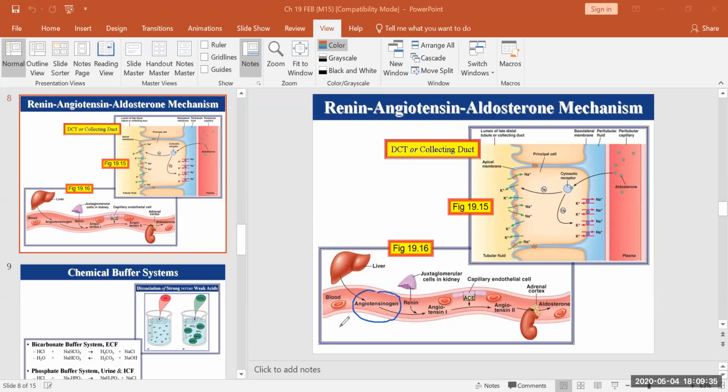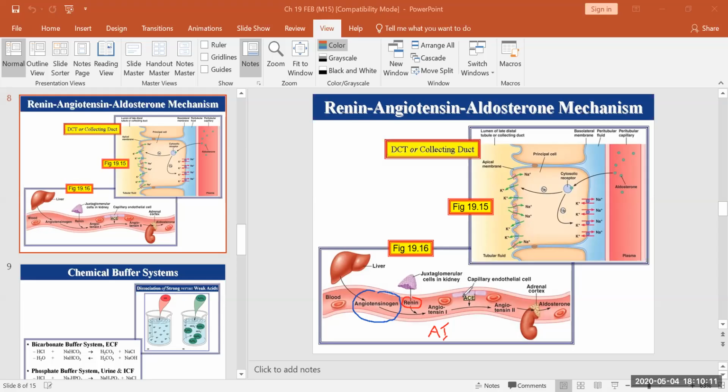And the juxtaglomerular cells in the kidneys release an enzyme, renin. This renin will cut angiotensinogen at the N-terminus, at the beginning of the protein, generating angiotensin 1, or A1. Angiotensin 1 is inactive.